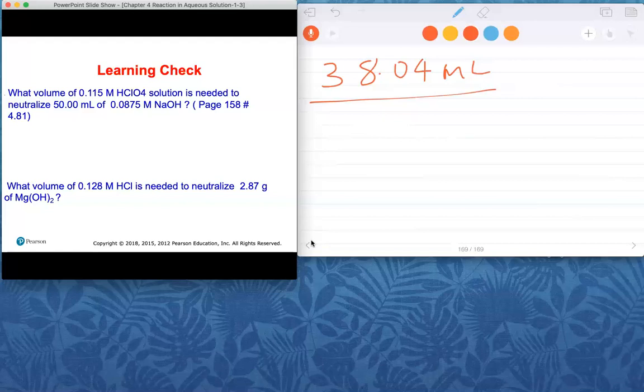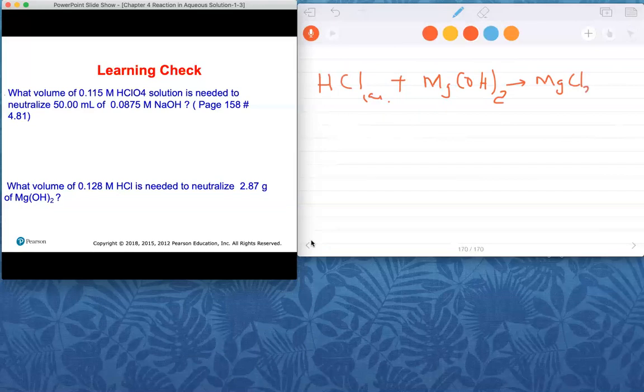David. In this problem, we first write the equation: HCl aqueous plus magnesium hydroxide, Mg(OH)2, going to magnesium chloride. That is the equation for magnesium chloride.